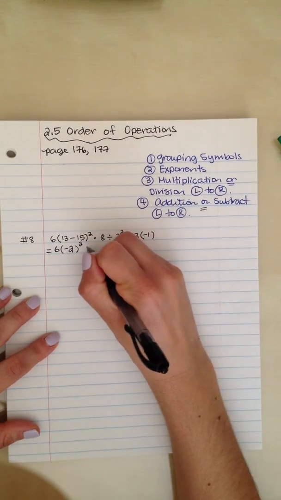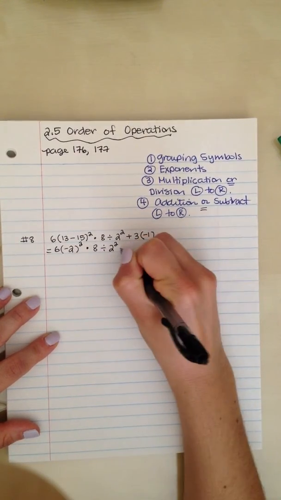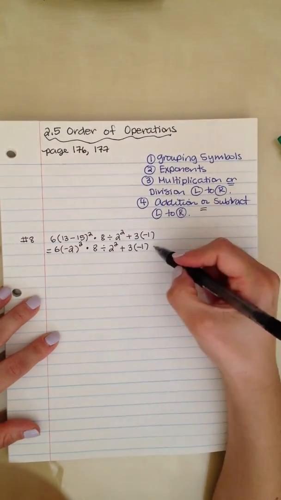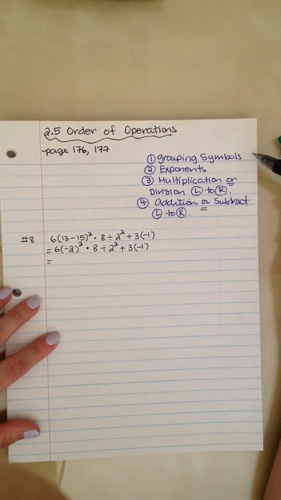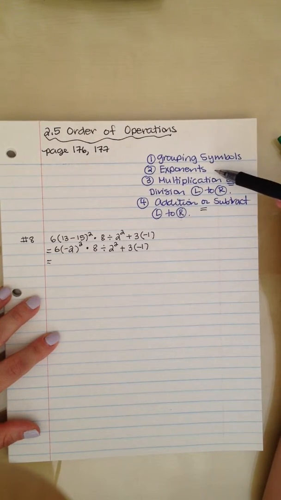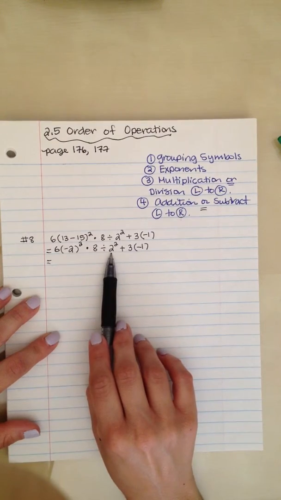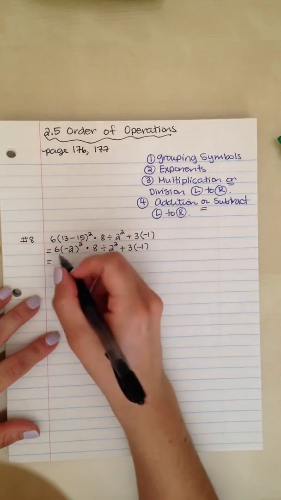Now I will just recopy the rest of the problem. I do not want to do anything else except recopy it correctly. Okay, once my parentheses are done, my grouping symbols, we go to exponents. We have exponent here and also for the 2 squared, second one. So we are going to continue.